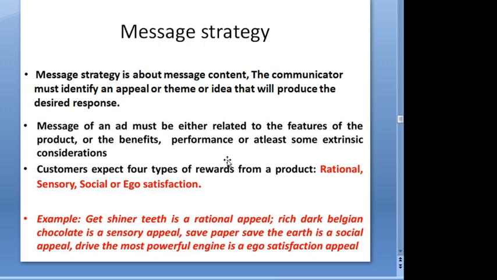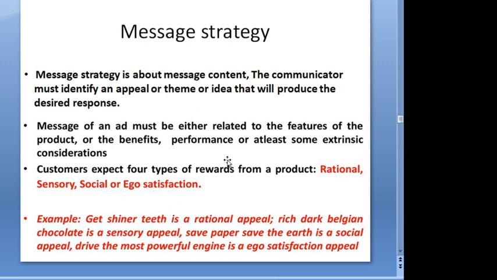The message of an ad must be related to the features of the product, or the benefits, performance, or at least some extrinsic considerations.